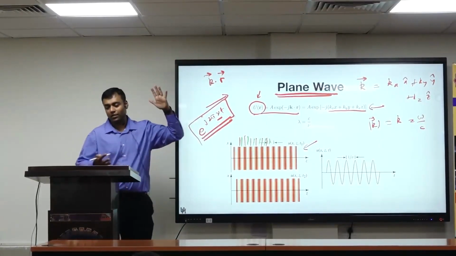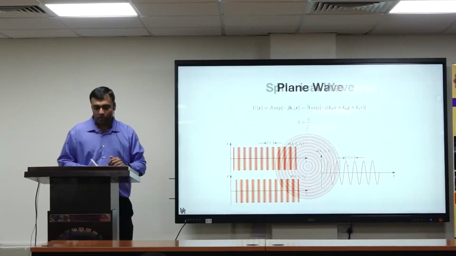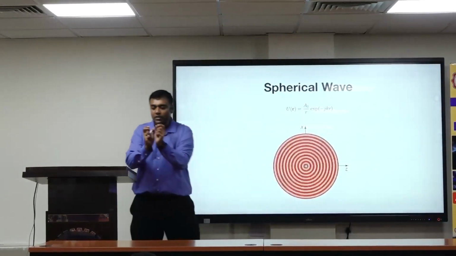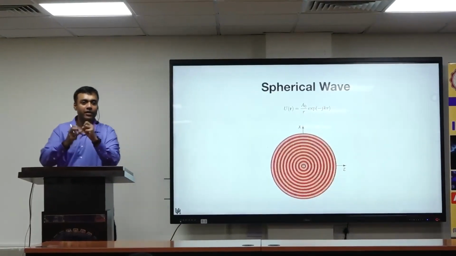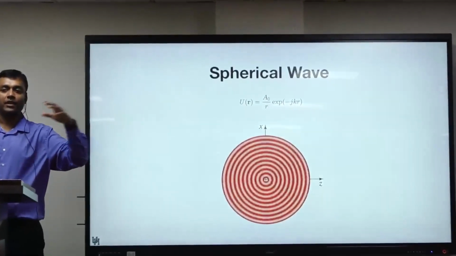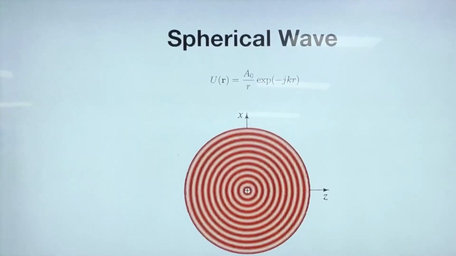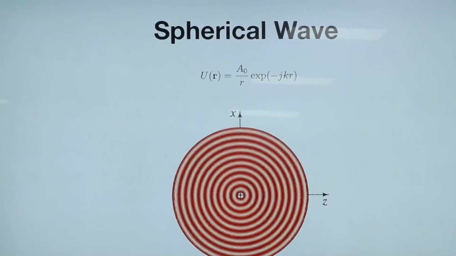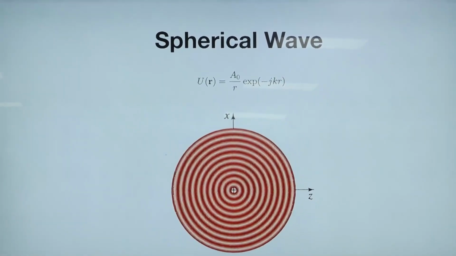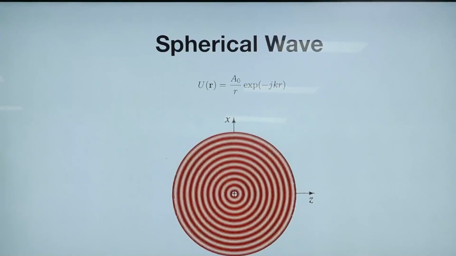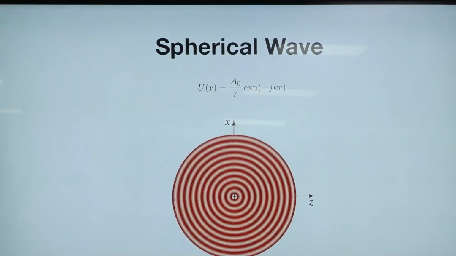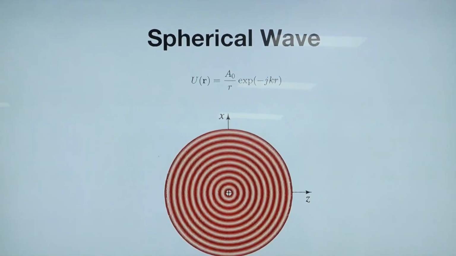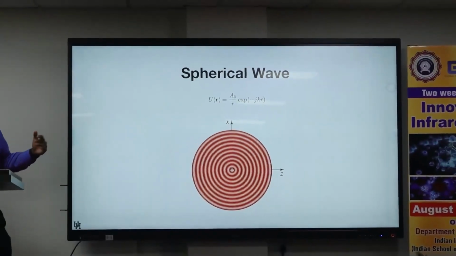Another kind of wave is a spherical wave, where you think of one small point emitting light in all different directions, traveling from the middle outward. If you take a cross section, it looks like circles expanding one after the other, but it's actually in 3 dimensions, like spheres, one bigger than the other.